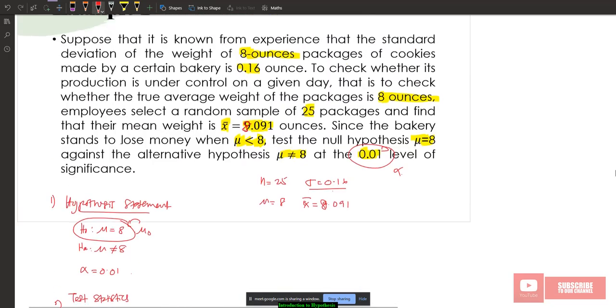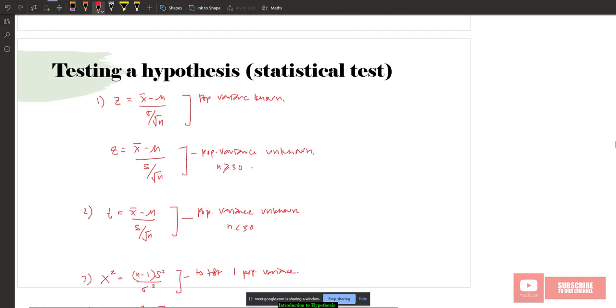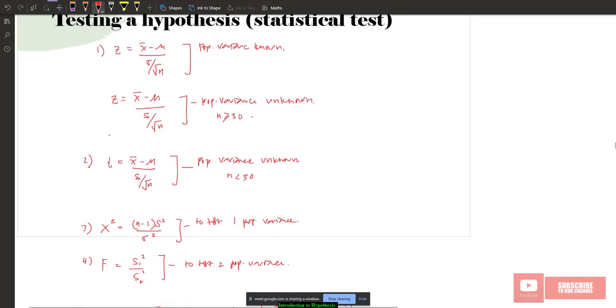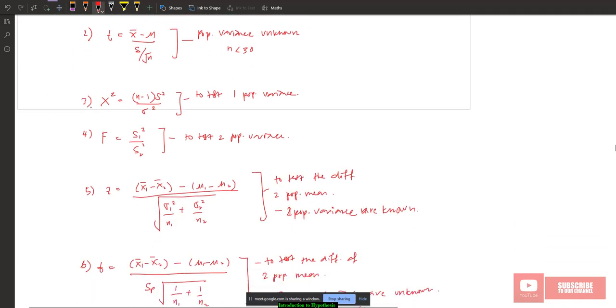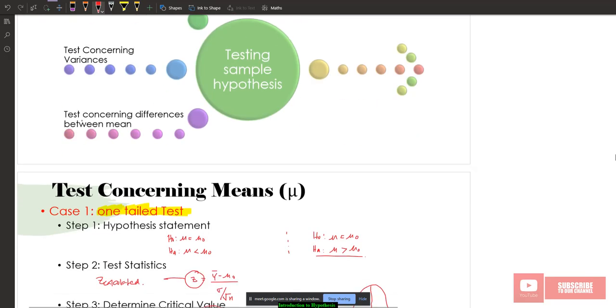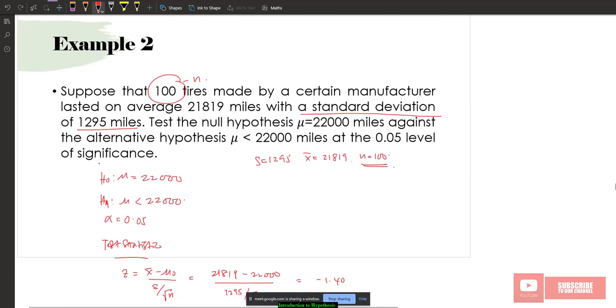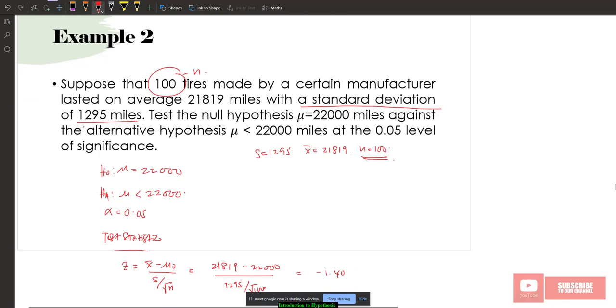We already learned all these statistical tests in the previous chapters. In fact, in chapter number 1 and chapter number 2, we learned these statistical tests very thoroughly. So you should be able to apply them when you have the situation. This is a situation when the population variance is unknown and n is equal to 100.